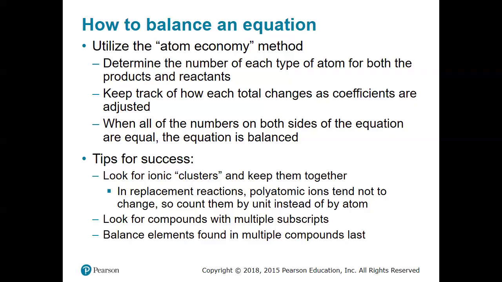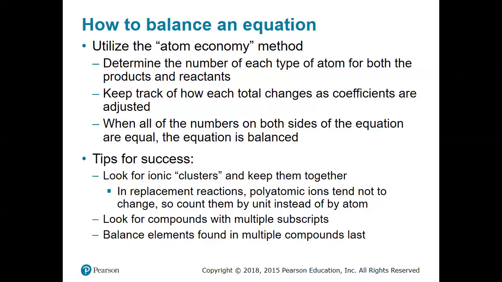The last thing, if all else fails, do your balancing in order of complexity. Start with the least complex and move to the most complex element. Now, how do you evaluate complexity? How many substances is that element in? So the simplest would be an element that is in one compound on each side. The most complex would be something like oxygen.